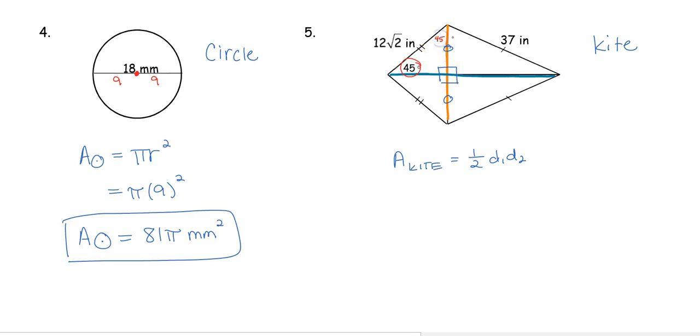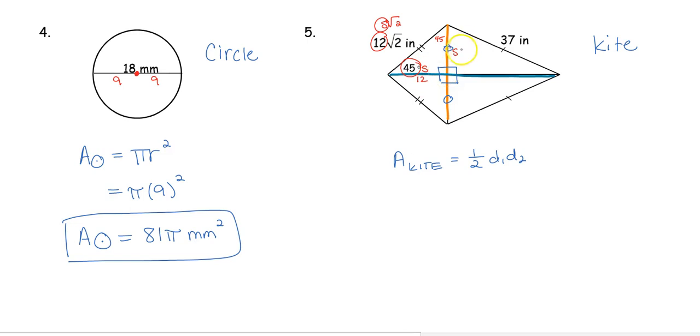This is going to make a special right triangle, and our pattern for a 45, 45, 90 is S, S, S root 2. So following that pattern, we have the hypotenuse, which is S root 2 equal to 12 root 2. That tells me that my S is going to be equal to 12.